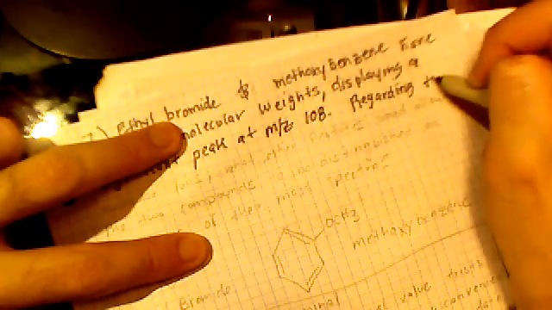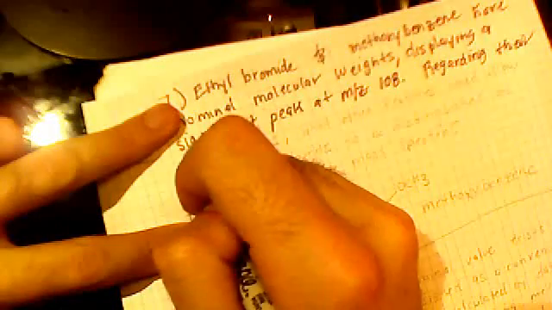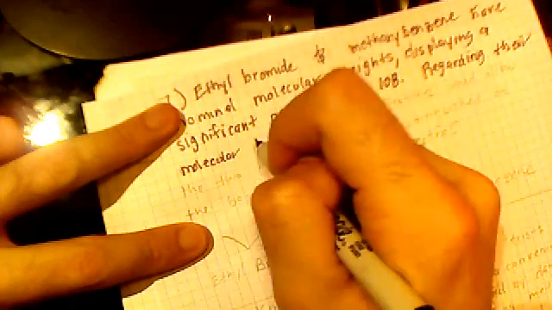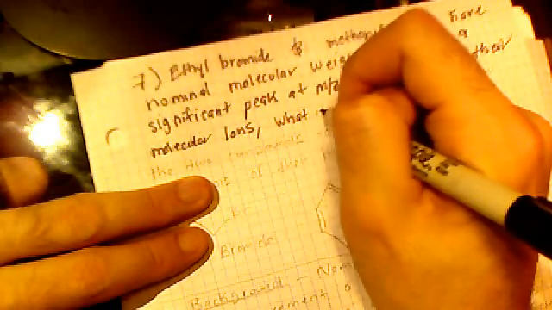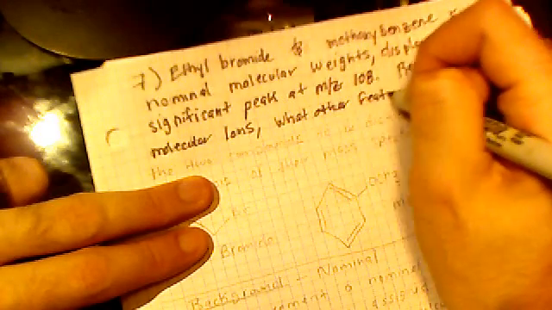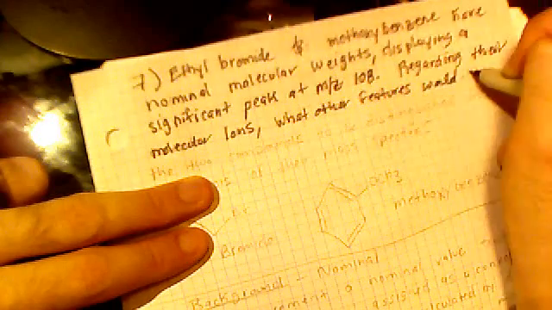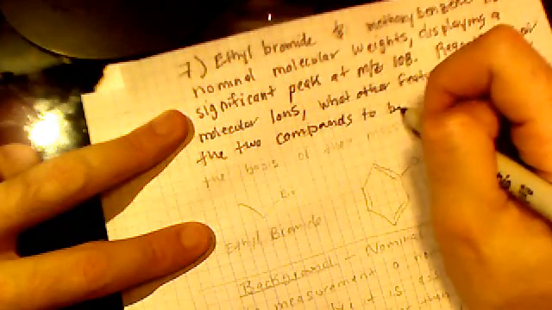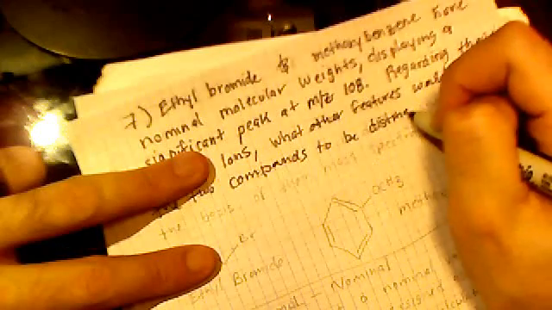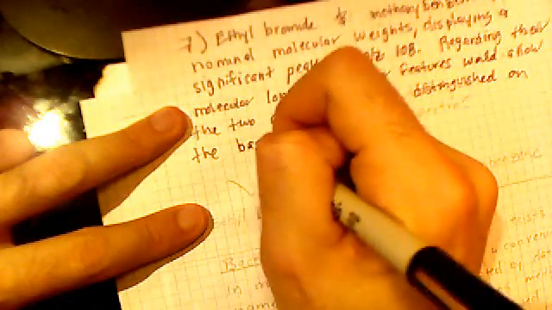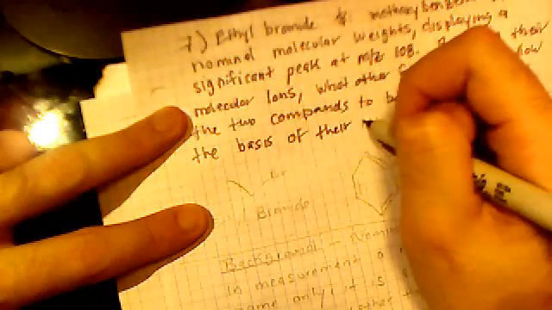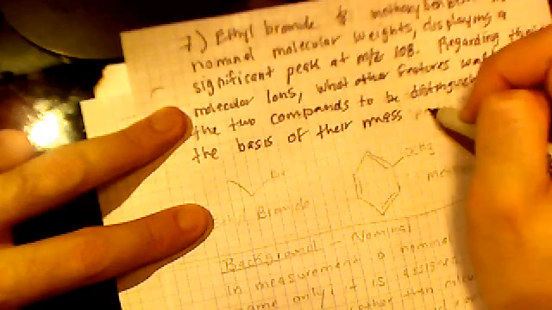Regarding their molecular ions, what other features would allow the two compounds to be distinguished on the basis of their mass spectra?